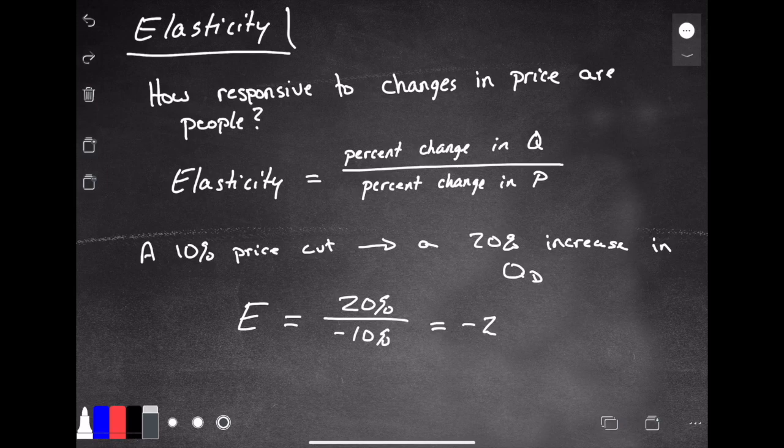We're just being lazy and saving ourselves some breath. So if you ever hear that the elasticity of demand is equal to 2 or some other positive number, realize that they're usually just omitting the negative sign because we all know it's there.